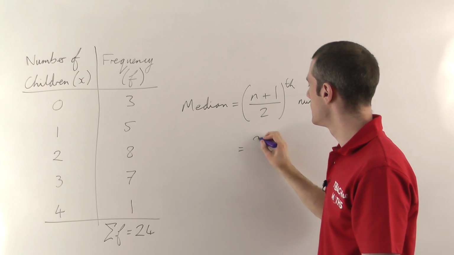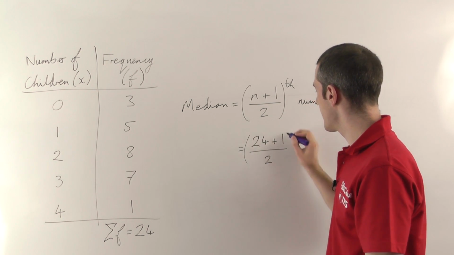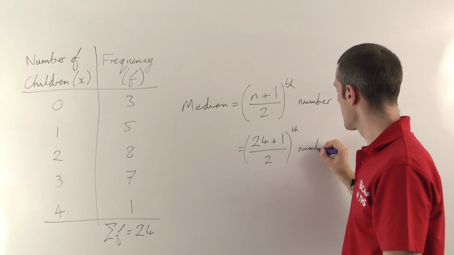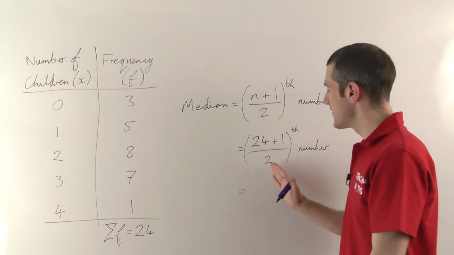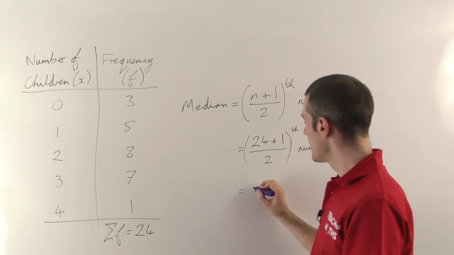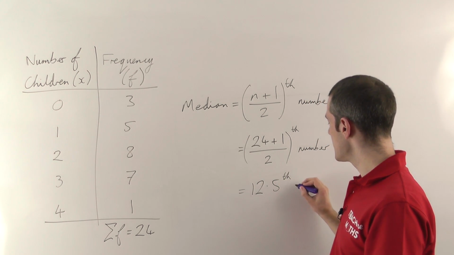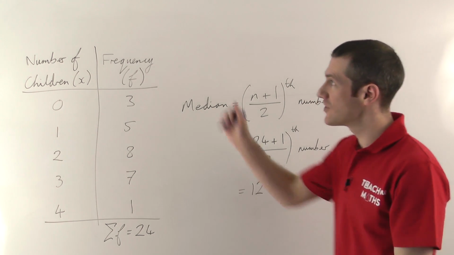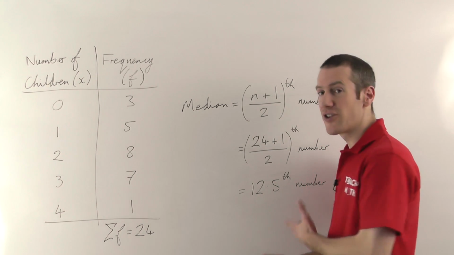So 24 plus 1, and then we're going to divide that by 2 to find out our position. So in this case, 24 plus 1 gives you 25. Divide that by 2, and I think you'll get 12 and a half. So the median is the 12 and a half number, if you like. Yeah, if we wrote out the entire list of numbers, that would be halfway between the 12th and the 13th number.